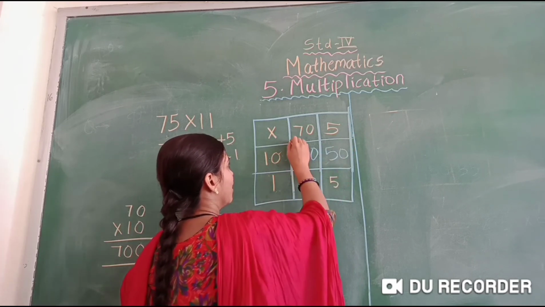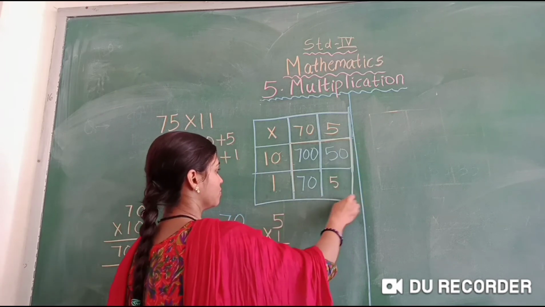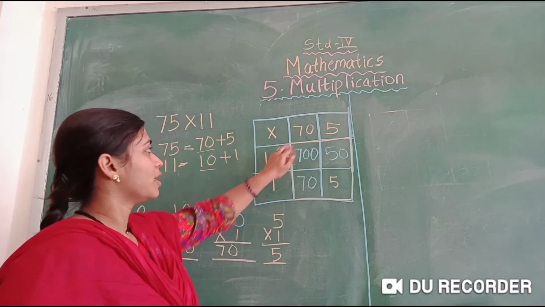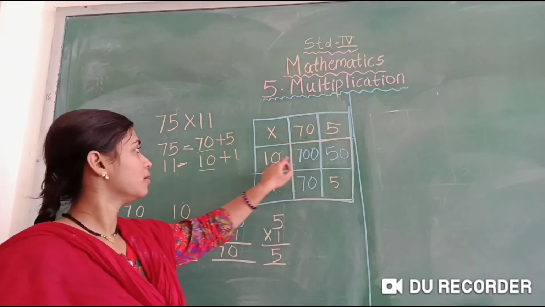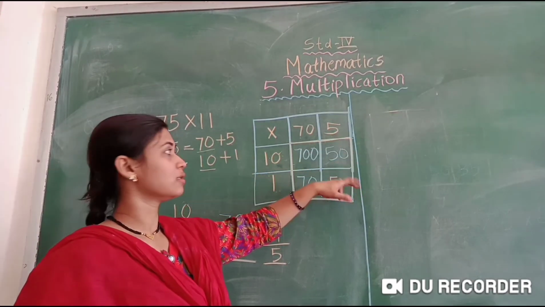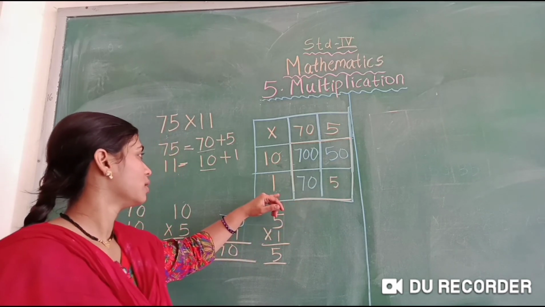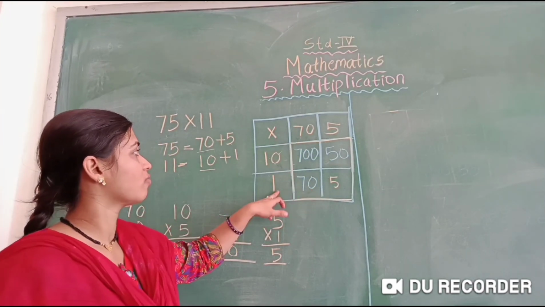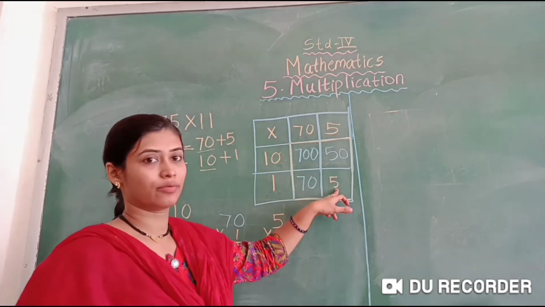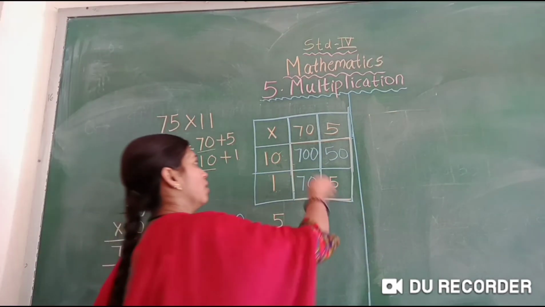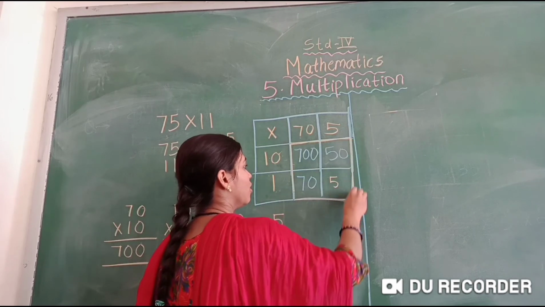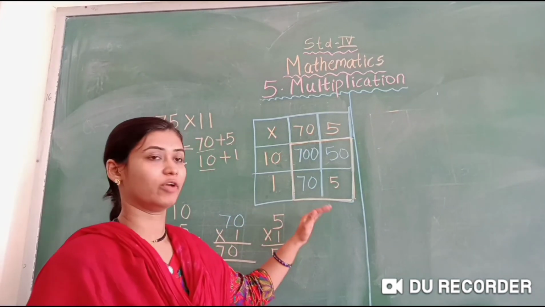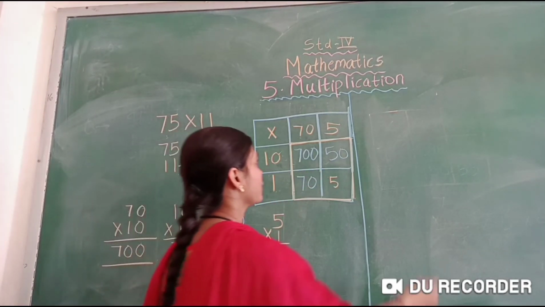This is the answer we have got here. 10 multiplied by 70 is 700. 10 multiplied by 5 is 50. Now, the second number, 1 multiplied by 70 is 70 and 1 multiplied by 5 is 5. Then, we have to add all these 4 numbers together.